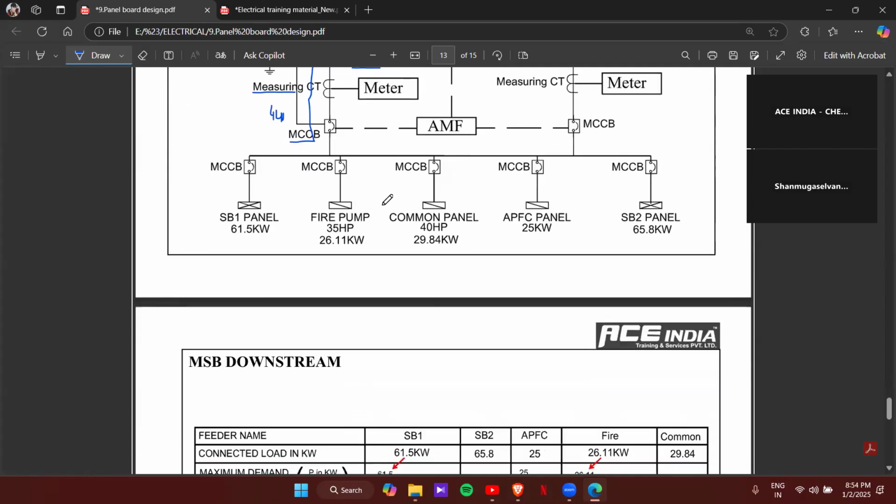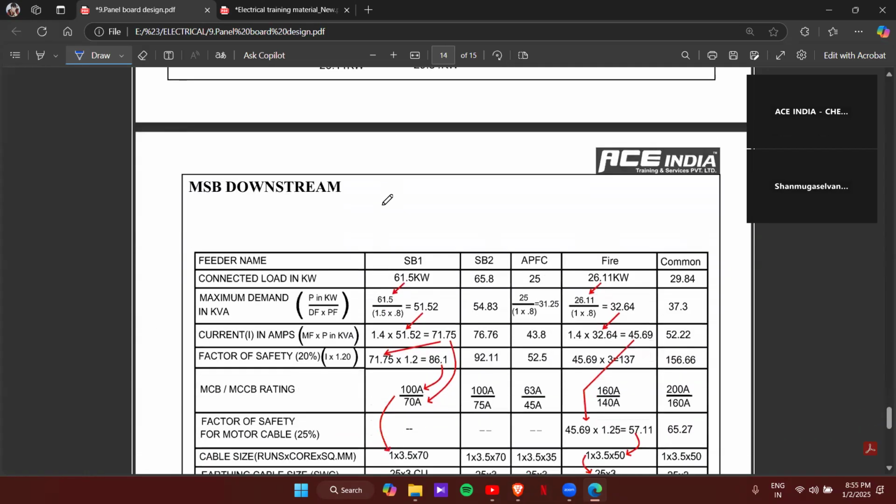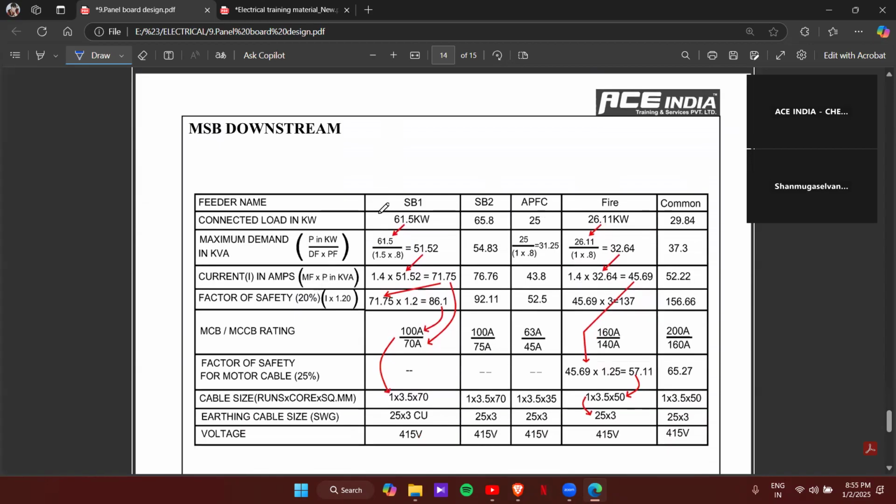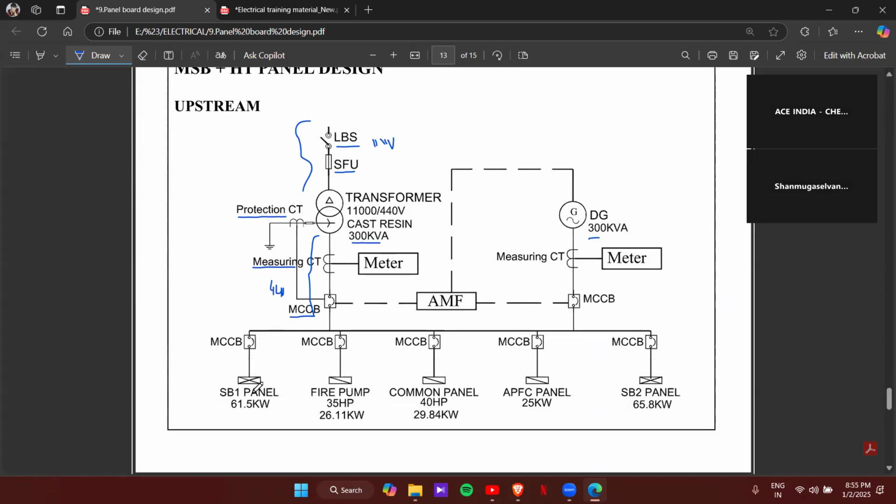Okay, so coming to the calculation part, again downstream will be same as before. No changes. And one thing, again, here you can see that there are mixed panels. We have SB1, fire pump, common panel. So fire pump and the common panel are motor panels, 35 HP and 40 HP.